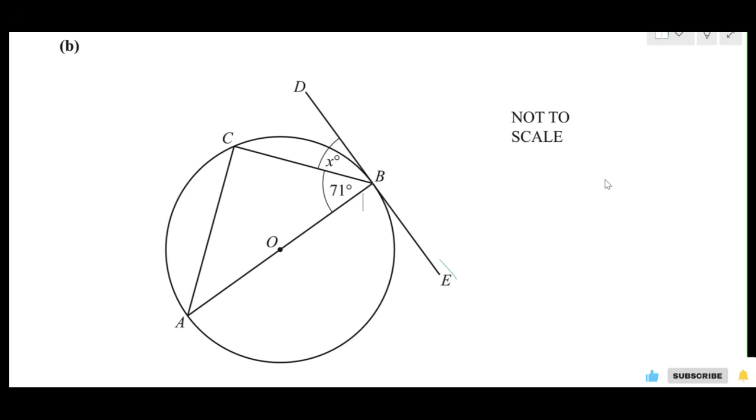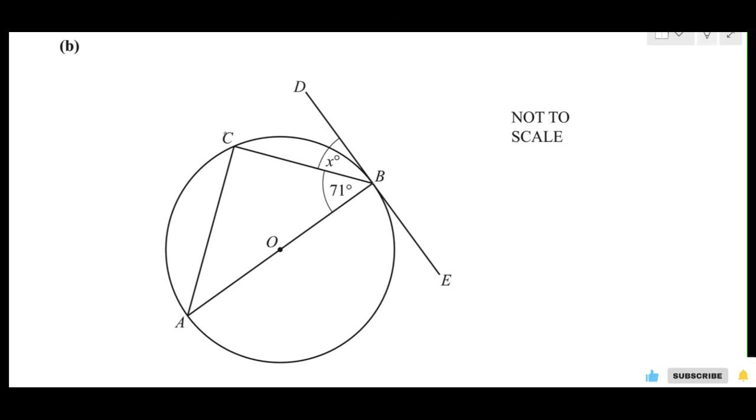Okay, we need to solve for this x. What is that x? Now you can see here we use the concept of the triangle which is inside the circle, right? So this is a triangle ABC. This triangle is inside the circle, right?